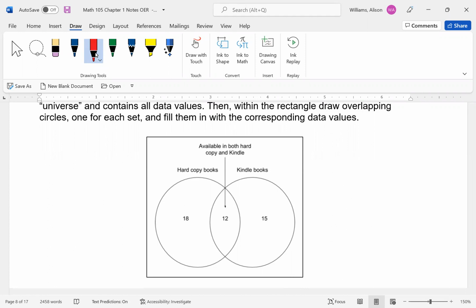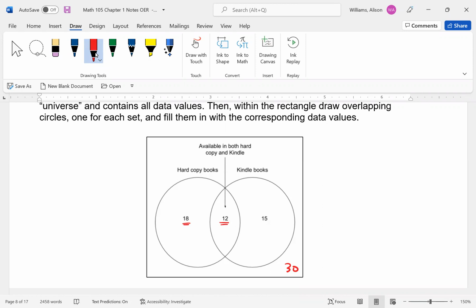I don't know. I'm trying to think of an example. Maybe Google, I think, has some books. So maybe it's Google. All right. So 30, let's just throw a number out here. There could be 30 books that are not in hard copy or Kindle. All right. The 18, those are 18 books that are only available in hard copy. There are 12 books that are available in both Kindle and hard copy.